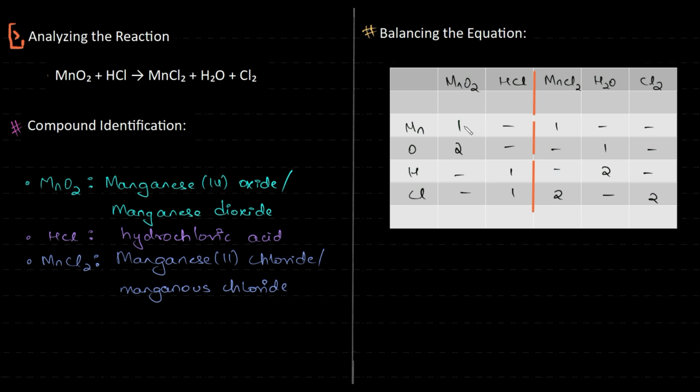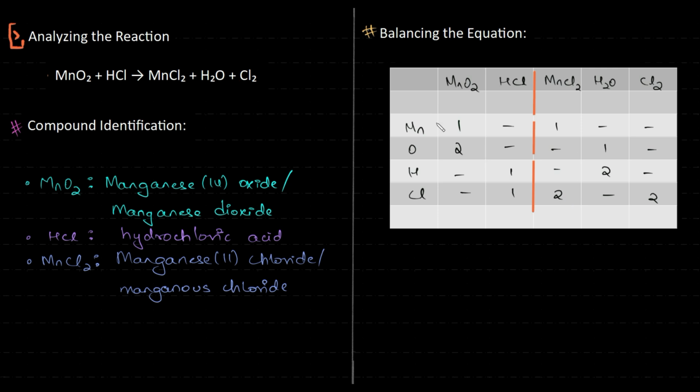So in MnO2, there is 1 Mn and oxygen is 2. Agree? Just have a look at it. Okay, everything is okay now. Have I mapped it properly? So we have 1 oxygen, 2 hydrogen, 2 chlorine, then 2 chlorine over here, and so on.